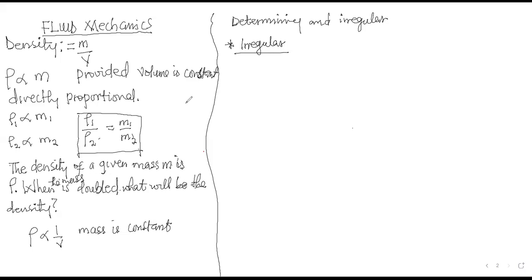You mark the initial volume of water in the measuring cylinder as V1. Then after you drop the stone, or the irregular object, you measure the volume of the rising water as V2. Then to get the density of the irregular object, it will be V2 minus V1.